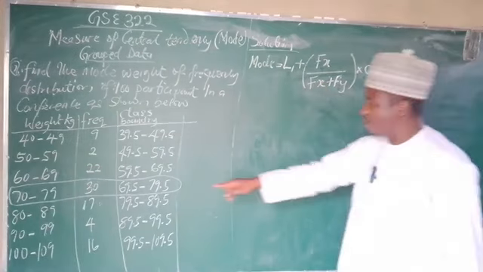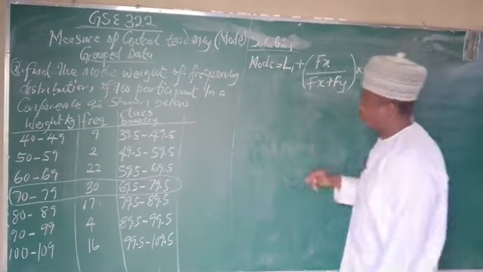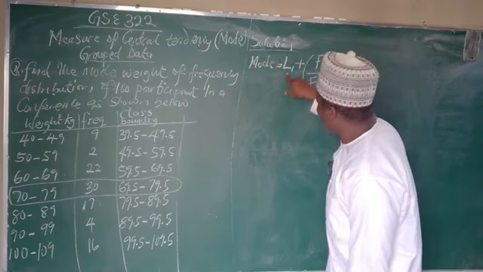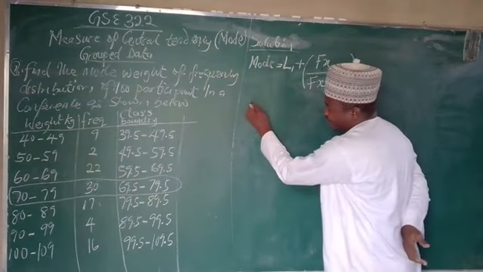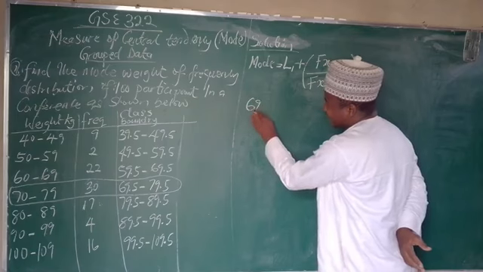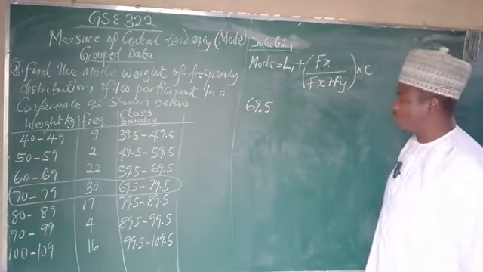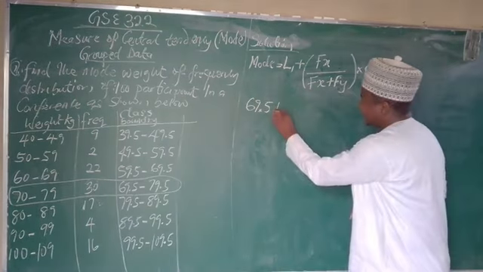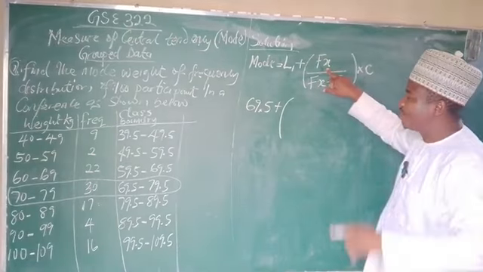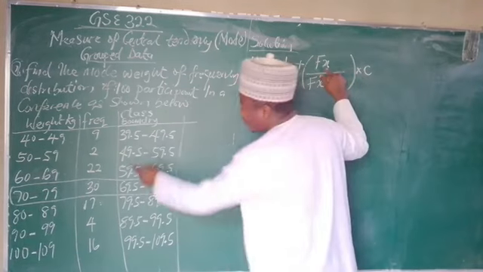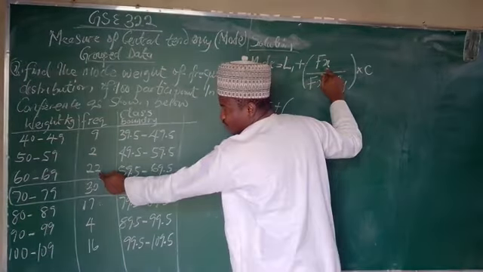Having identified our modal class, what next is the substitution of the values into the formula. What is the lower class boundary of the modal class? 69.5 is our lower class boundary of the modal class. Then plus, open bracket, fx, the frequency of the modal class and the class before it. The frequency of the class before the modal class is this 22.